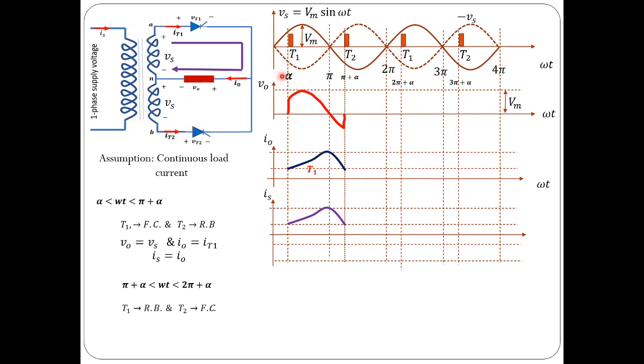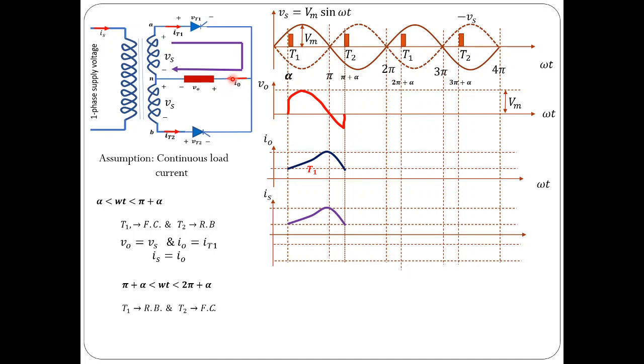At omega t equal to pi, it is forward biased, but it won't conduct because no gate pulse is applied. The gate pulse is applied at omega t equal to pi plus alpha, and at that point this forward biased thyristor will be driven into the on state.